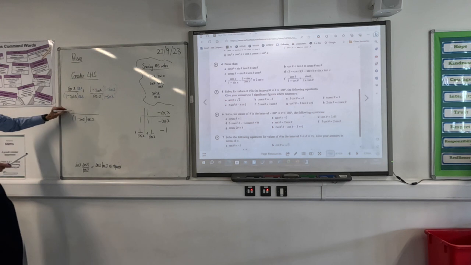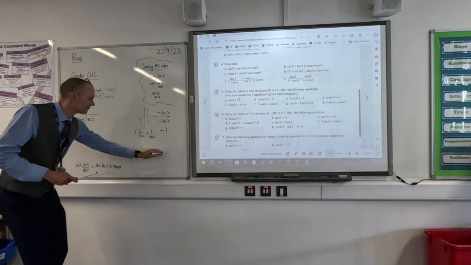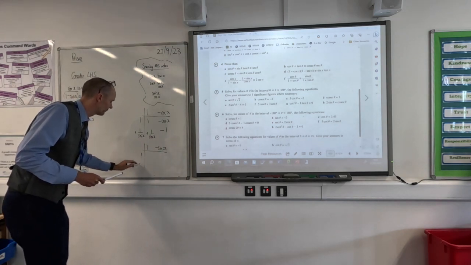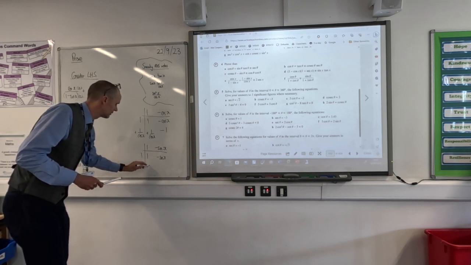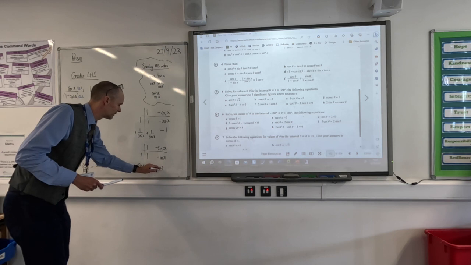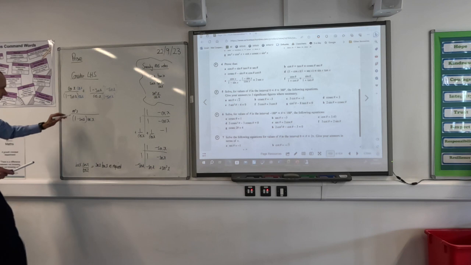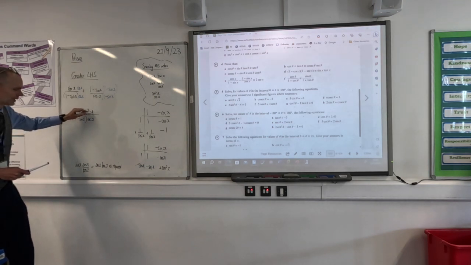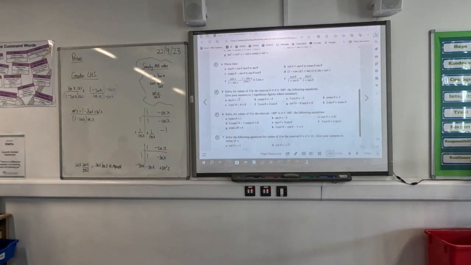which gives me a single fraction with 1 minus sine x times cos x on the bottom. And here I've got cos squared x. If I grid that out, I get 1, so I get plus 1 minus 2 sine x plus sine squared x. I'm happy with where this is going, but we shall see.